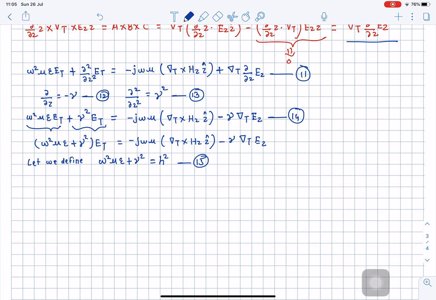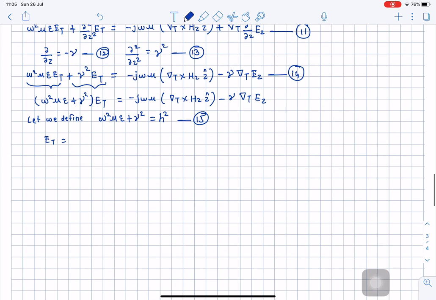Call this equation number 15. So how can we write E of t then? E of t is equal to minus j omega mu upon h square, because this term we take to the right hand side, times del t cross Hz z cap, minus gamma upon h square del t Ez.